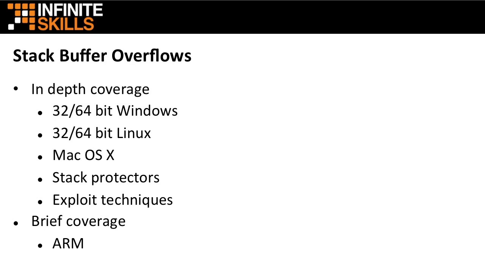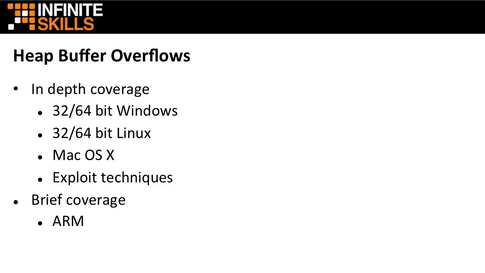We will also talk about them on Mac OS X. And we will talk about various methods of preventing problems with stack buffer overflow flaws, such as stack protectors, which are implemented by default in various operating systems, in particular Linux and Mac OS X. And we will talk about various exploit techniques for stack buffer overflow flaws. We will also briefly cover ARM-based stack buffer overflows.